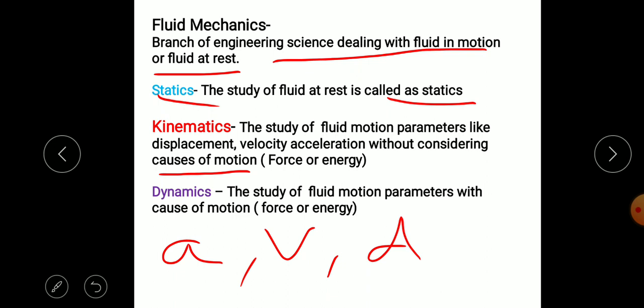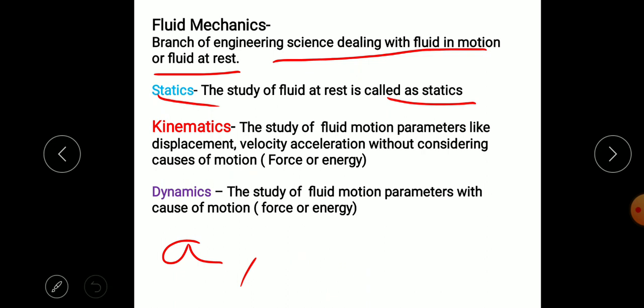For example, when water is flowing in a pipe, we are considering what the velocities of that fluid are. We are not concerned about the force causing the motion.